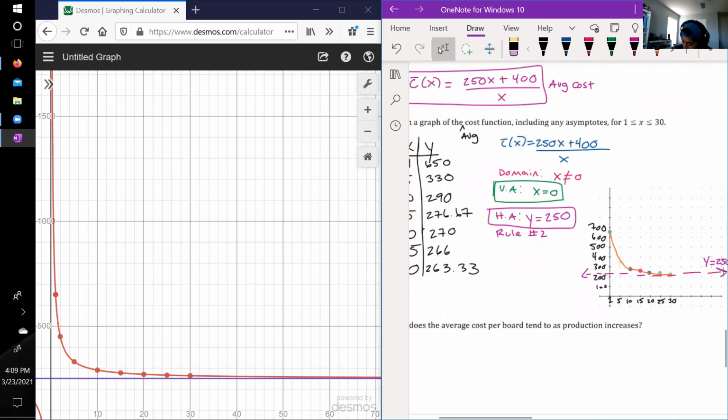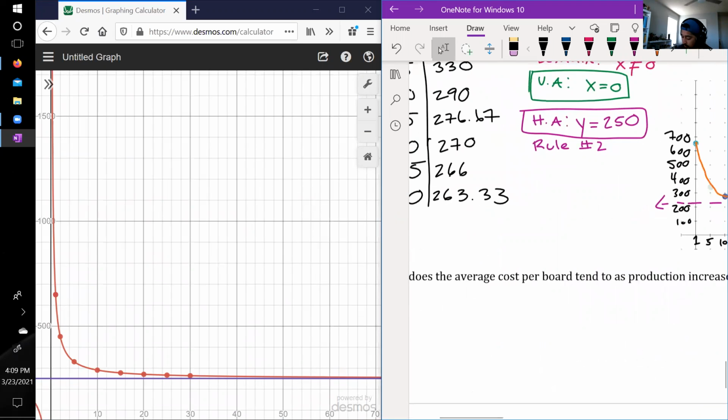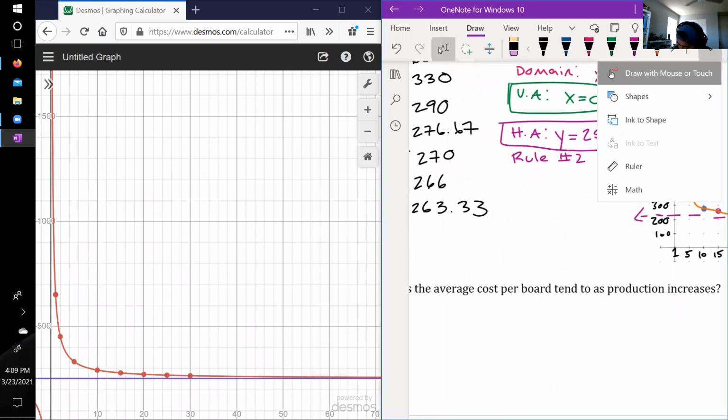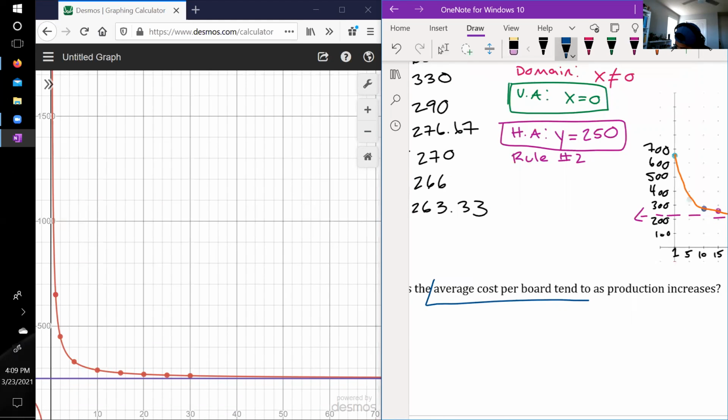So whenever you see the words average cost per board tend to, this means just look for the horizontal asymptote.